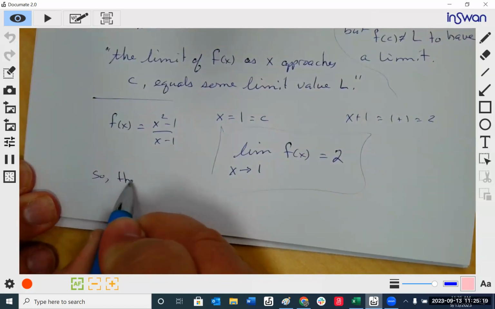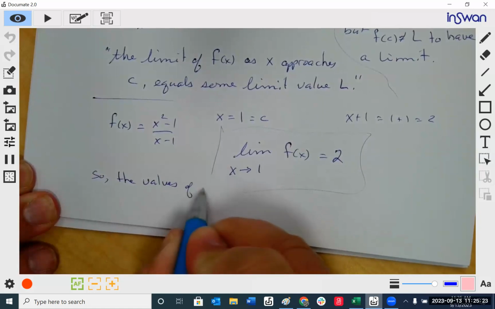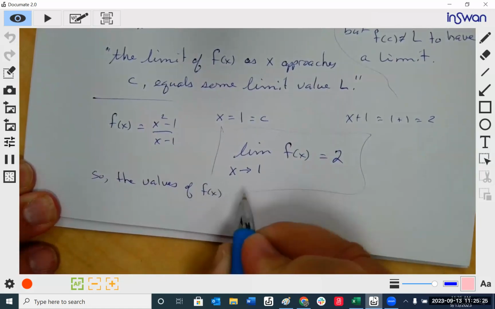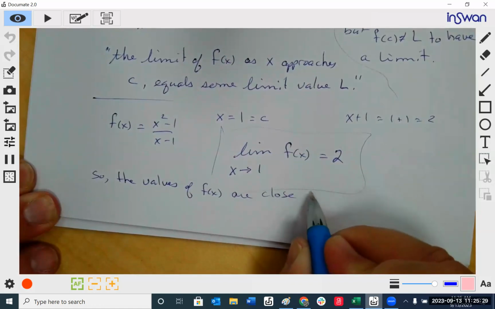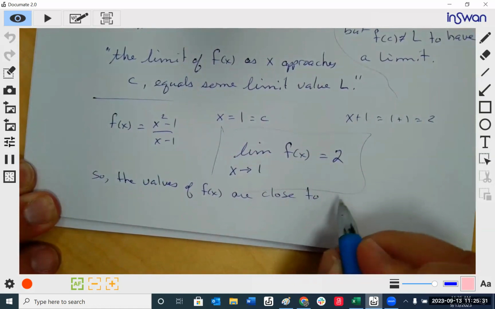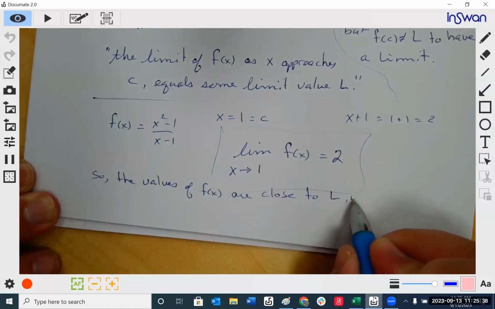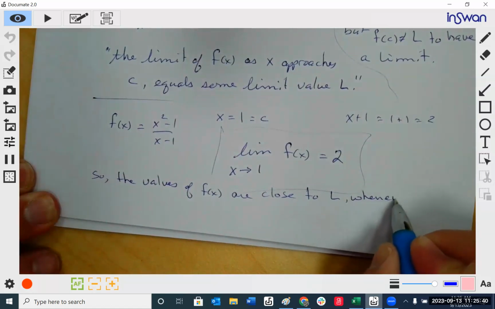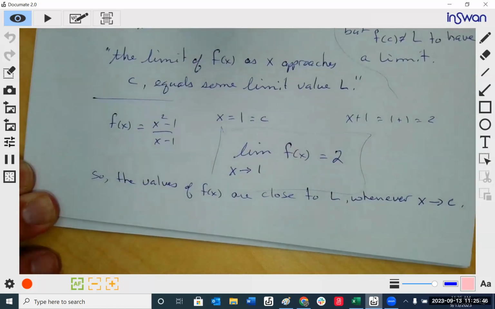So the values of f of x are close to L, the limiting number, whenever x approaches c, or is close to c.